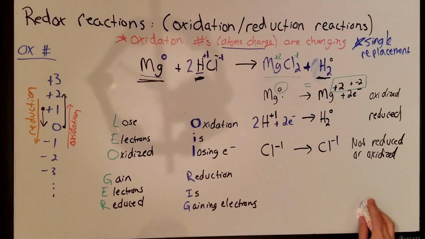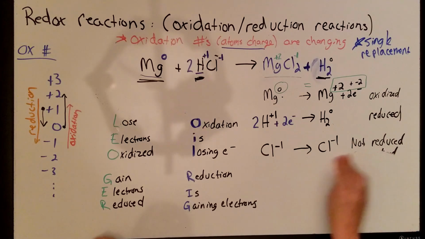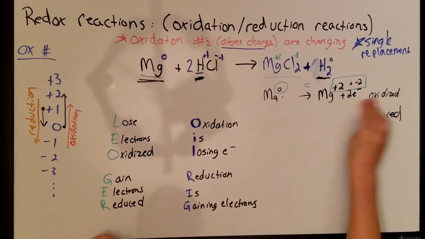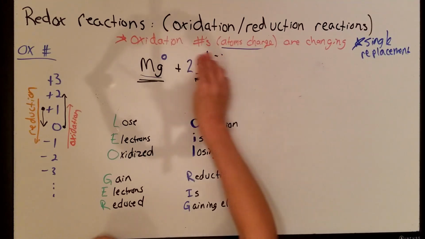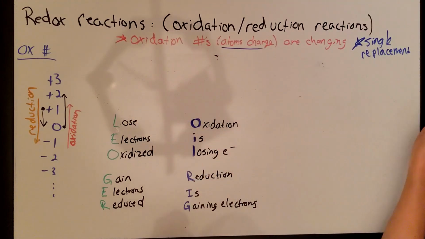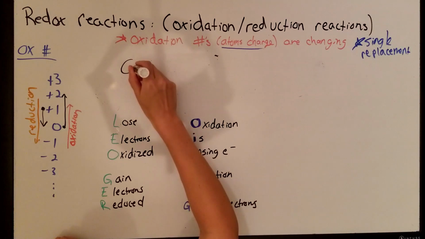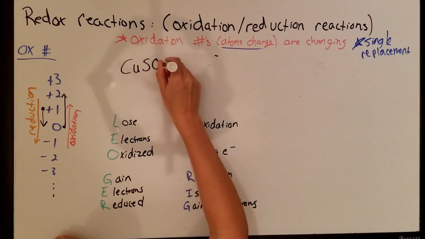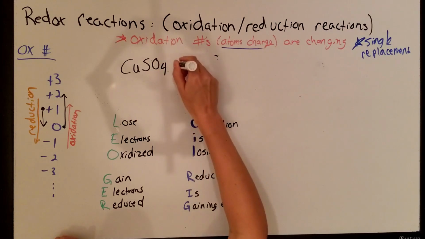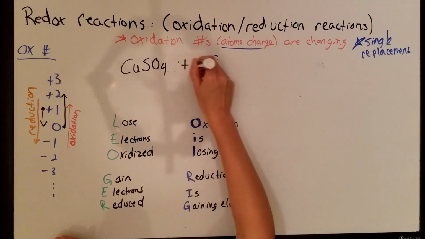So now let's apply this to the lab that we're doing for lab 10. So in lab 10, we are taking copper sulfate. We are then going to add iron powder to it.